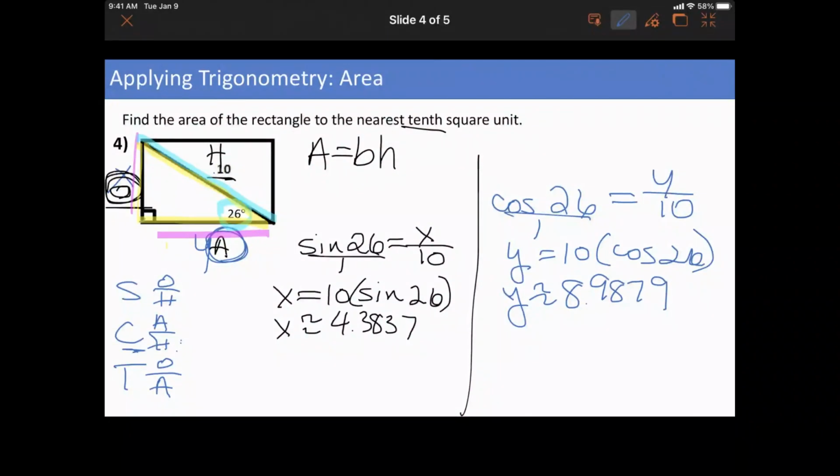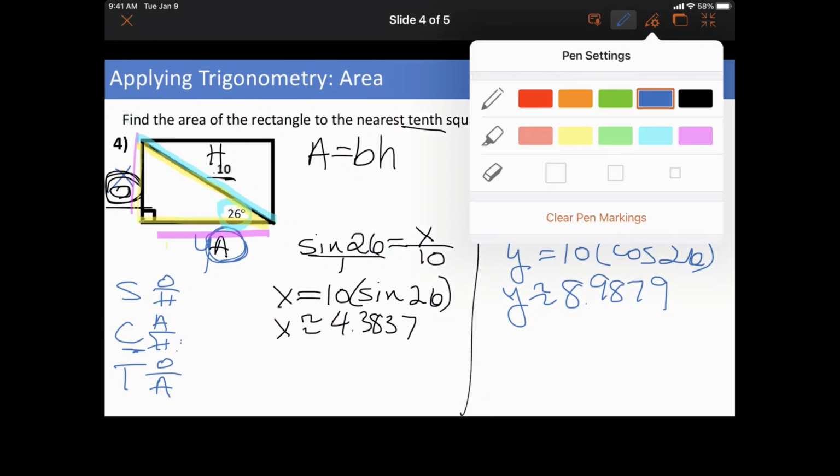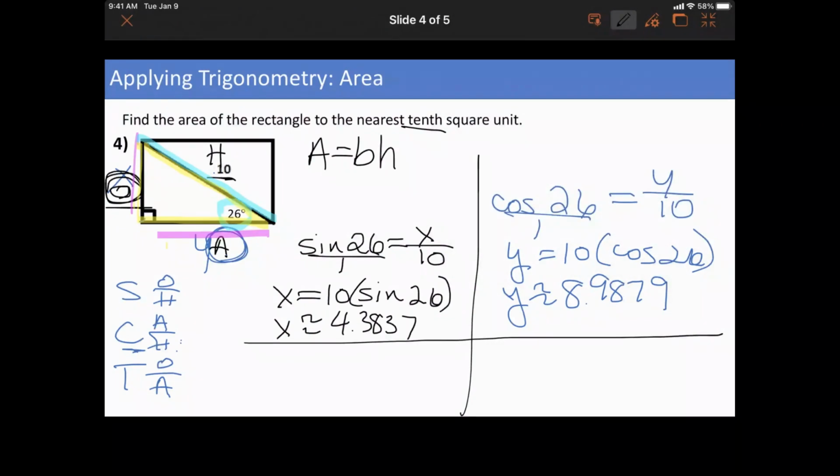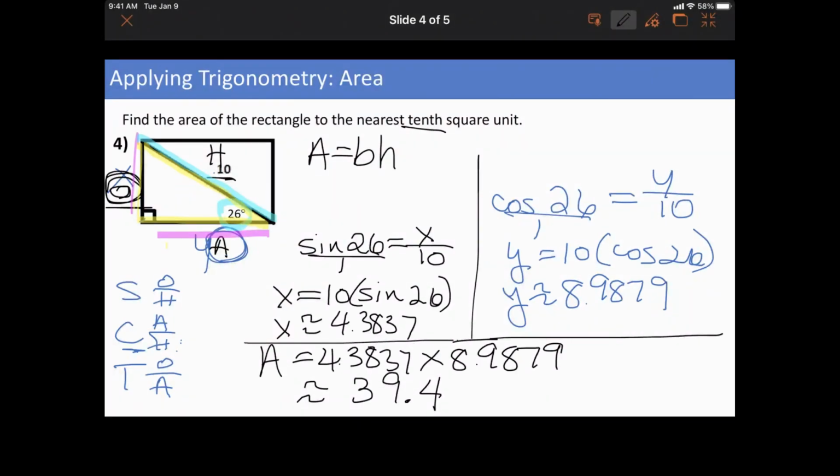And then to find the area, I'm going to multiply them together. So I have approximately 39.4 units square.